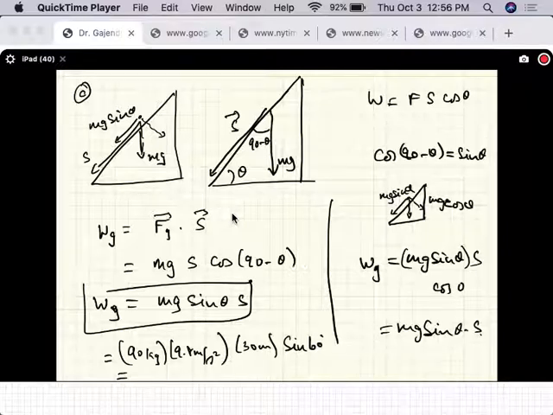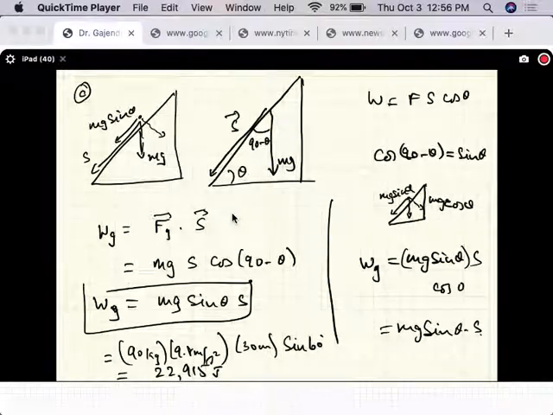And the work done by gravity is 22,915 joules. Work done by gravity is positive. All right.